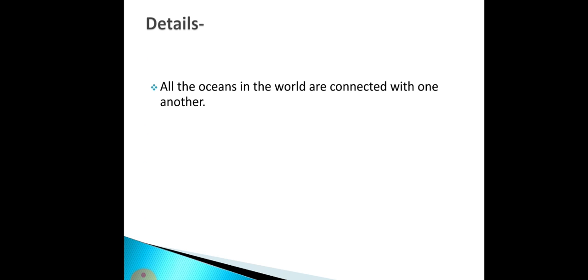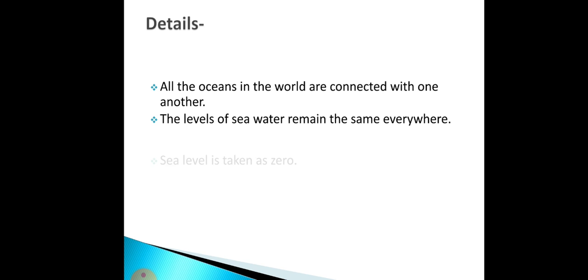As we are talking about ocean basins, oceans in the world connect with one another. The sea level which we find on the oceans remains the same everywhere in the world.